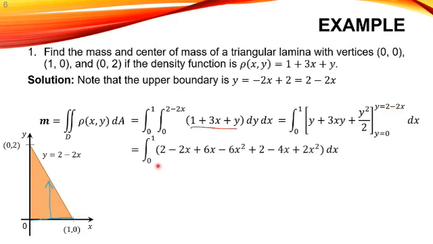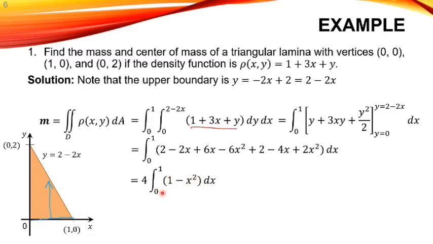Then substituting, we have 2 minus 2x plus 6x minus 6x squared plus 2 minus 4x plus 2x squared. Then simplifying that, we have a factor of 4 and the remaining function 1 minus x squared dx.